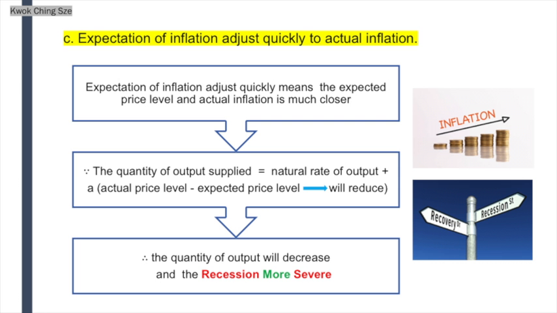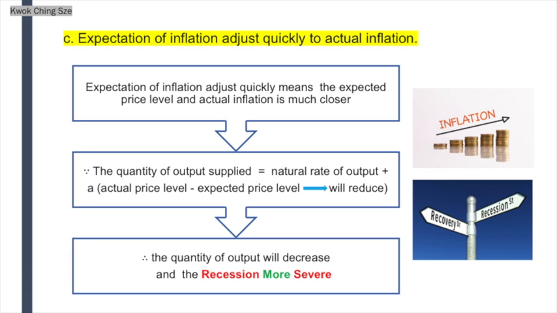For Part C, expected inflation adjusts quickly to the actual inflation. Expected inflation adjusting quickly means the expected price level and the actual price level are much closer, and there is the mathematical formula shown in the PowerPoint.